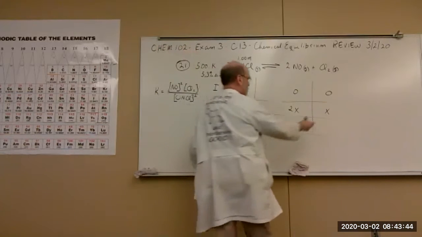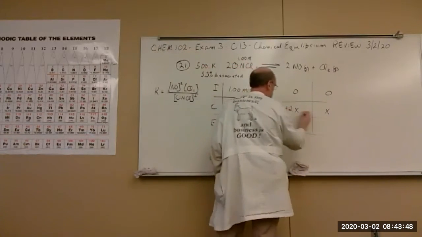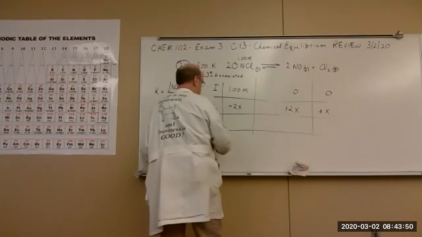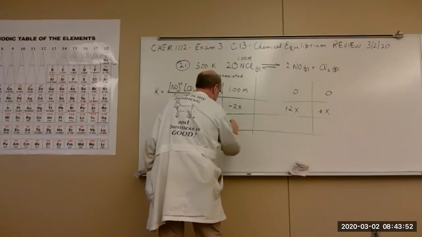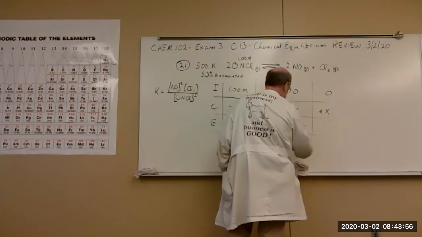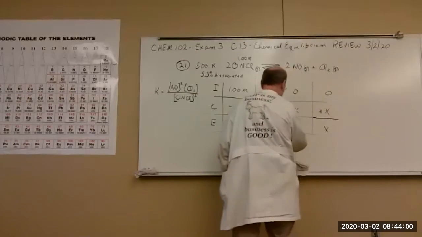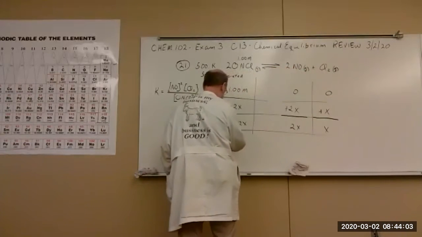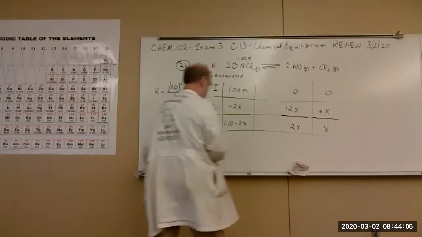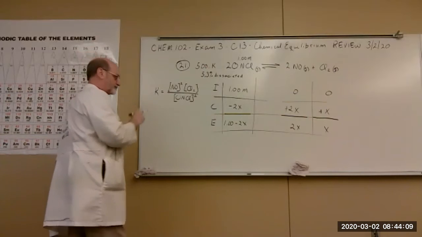Right? It's 1 to 2 to 2. Okay. So now at equilibrium, we'll have 1 minus 2x. We'll have 2x here, and that's x there.